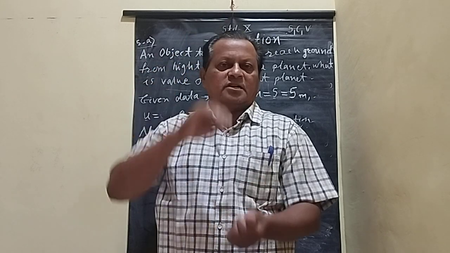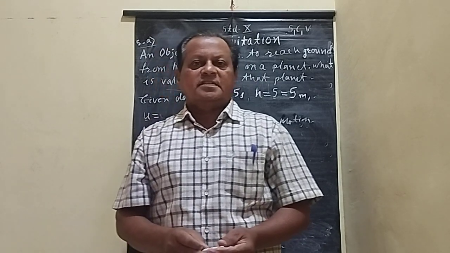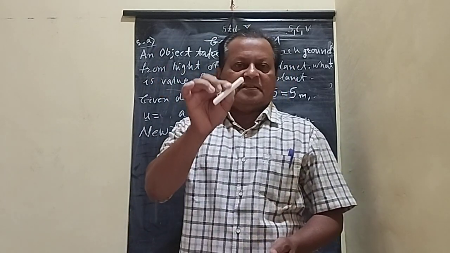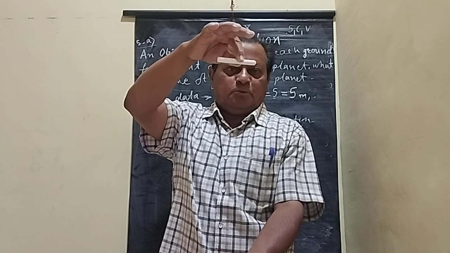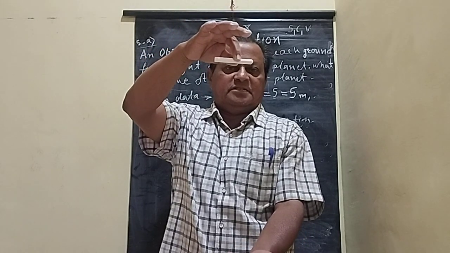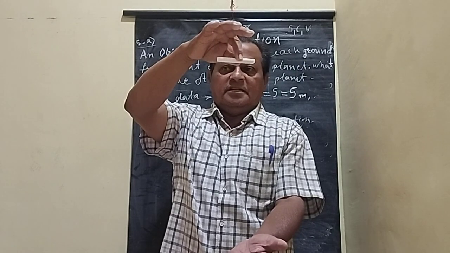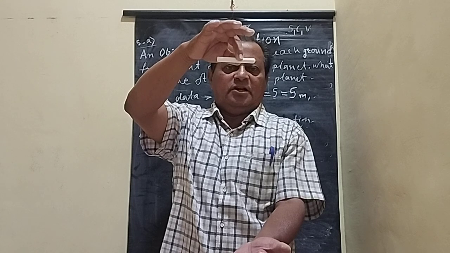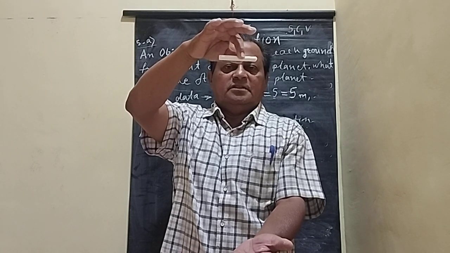It will come to the ground under the influence of gravitational force, that is, gravitational acceleration will be there in this object. But in this position in my right hand, when it is in steady position, its initial velocity is 0.